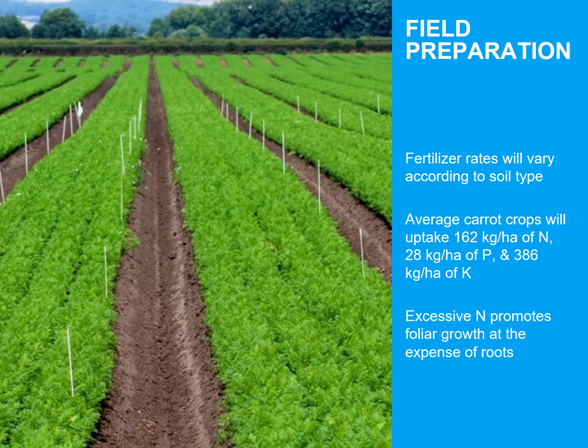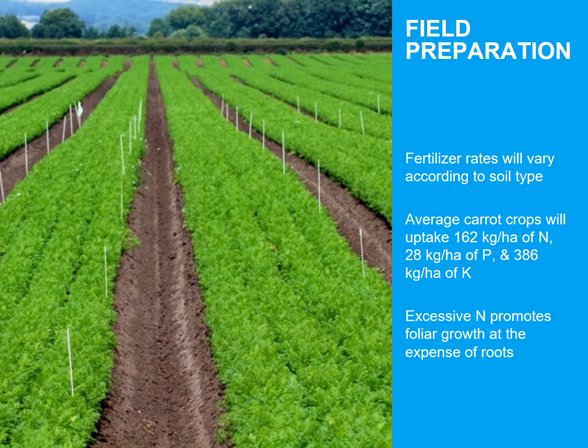Again, fertilizer rates will also be dictated by the soil type and how free draining or sandy it is. But the average carrot crop will take up about 162 kilograms per hectare of nitrogen, 28 kilograms per hectare of phosphorus, and quite a large amount of potassium, 386 kilograms per hectare.